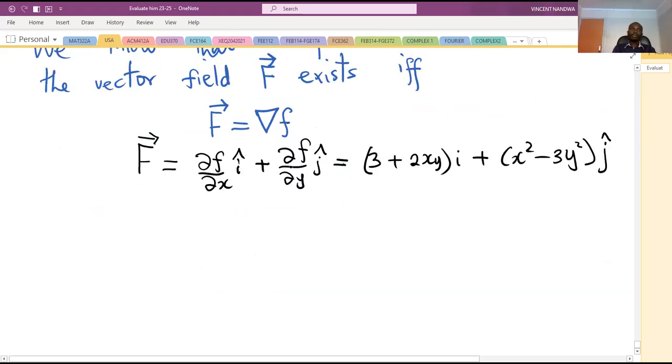And so for equality to make sense, the component of i on the left should be the same as the component of i on the right. The component of j on the left must be the same as the component of j on the right.